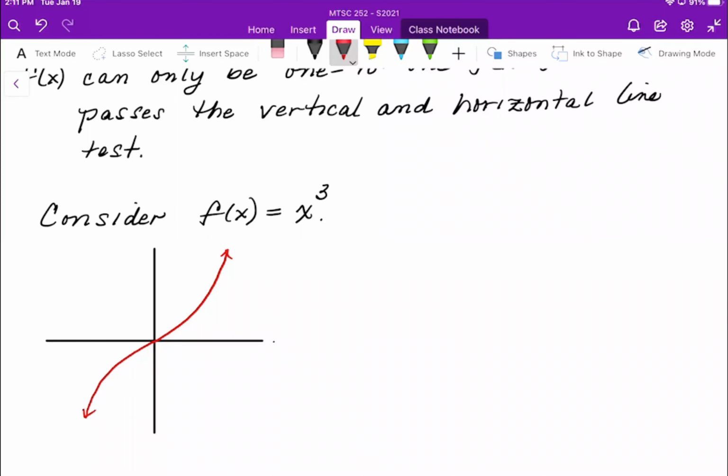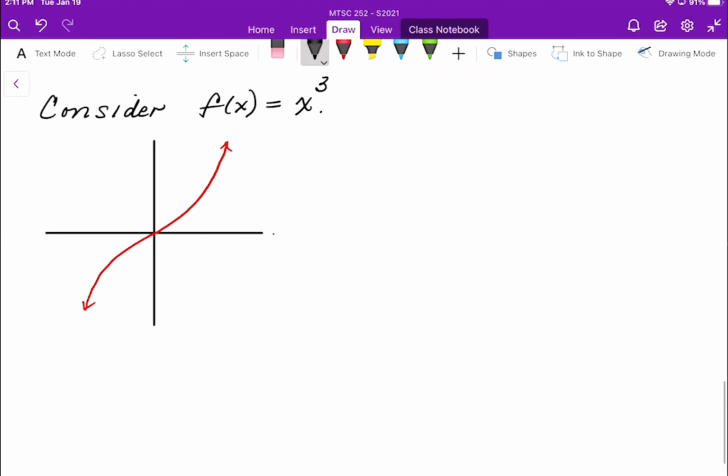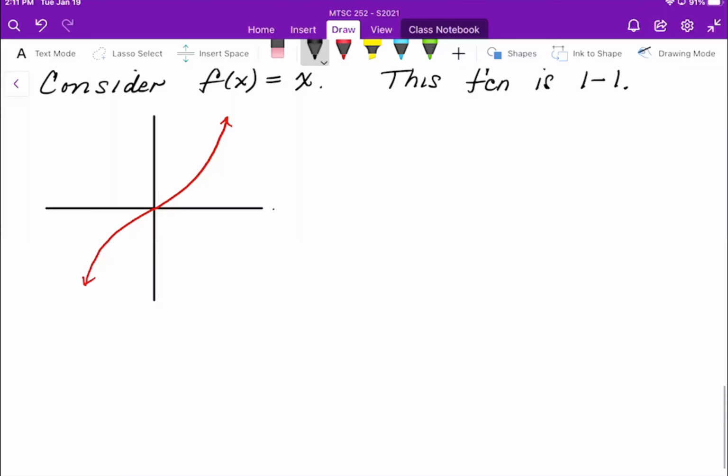As we can see, this function is going to pass the horizontal line test and the vertical line test. So this function is one-to-one. Now let's consider f of x equaling x squared.